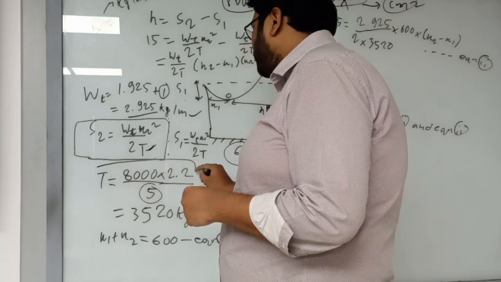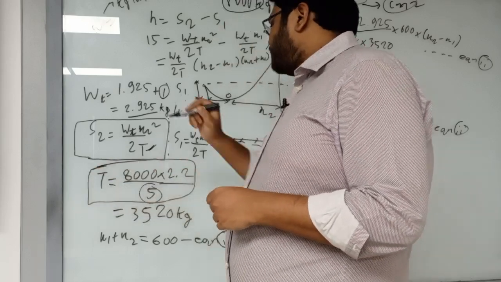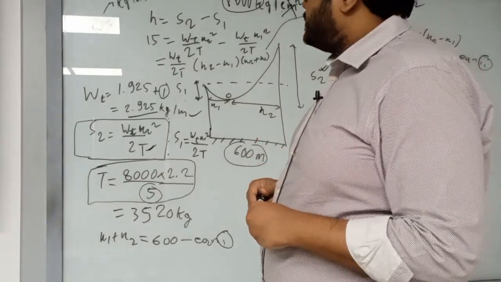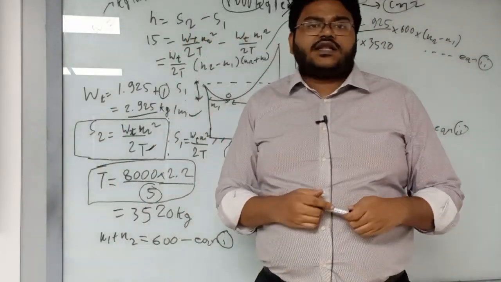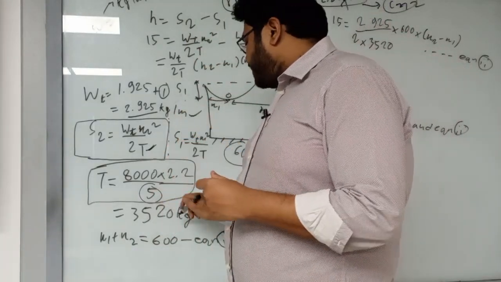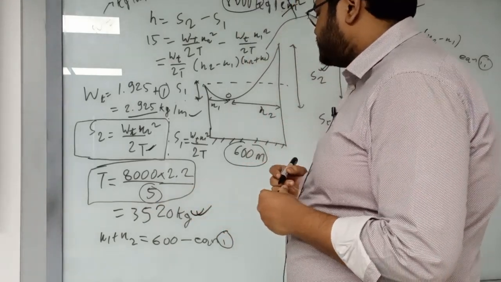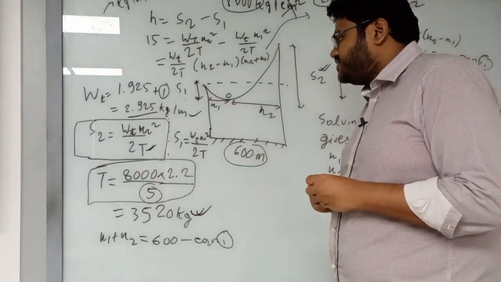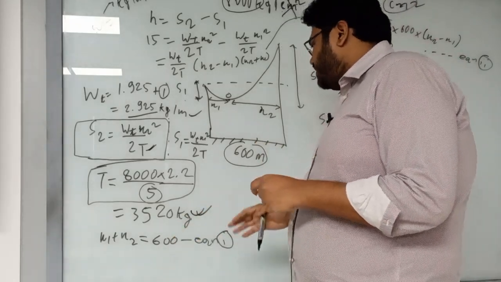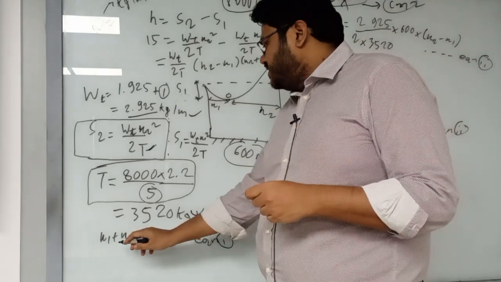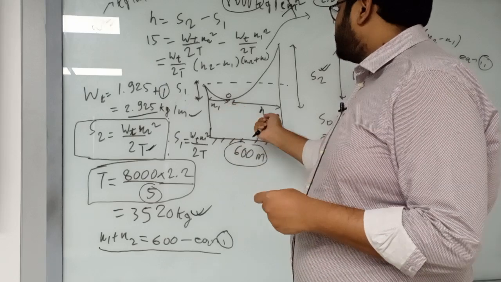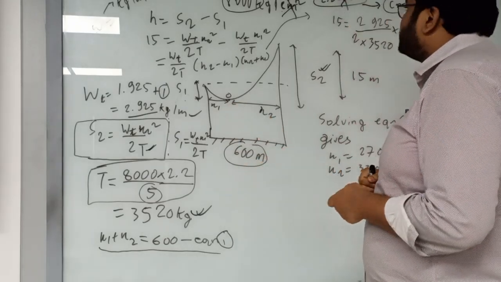This formula is applicable for both equal level and unequal level sag calculation. So 8000 into 2.2 divided by 5 gives a tension of 3520 kg. We also know one equation: x1 plus x2 is 600 meters. This is equation 1.